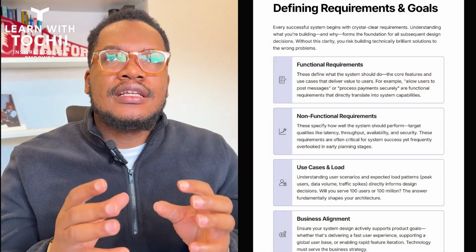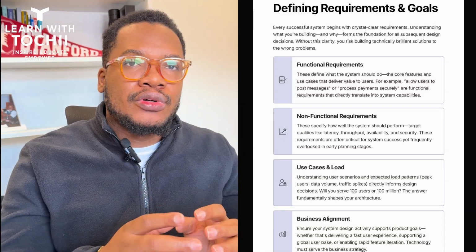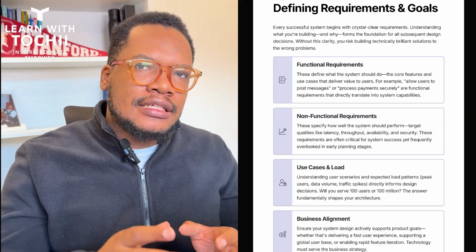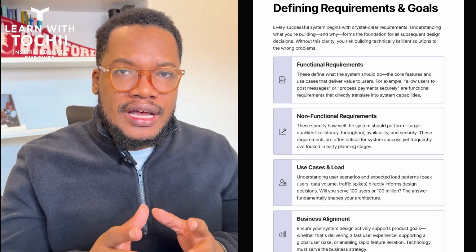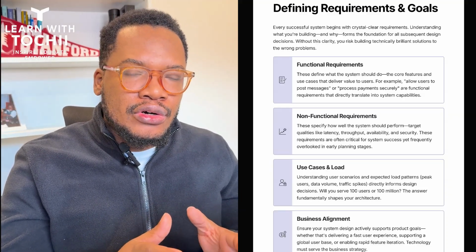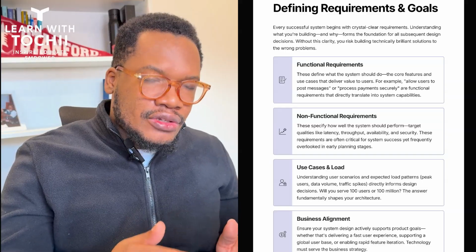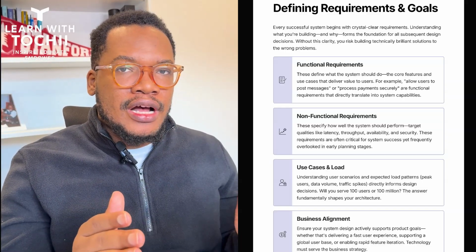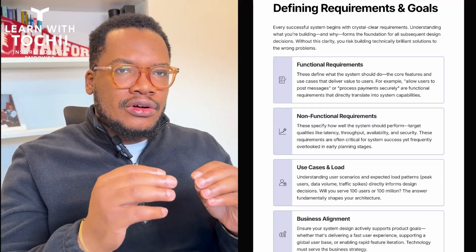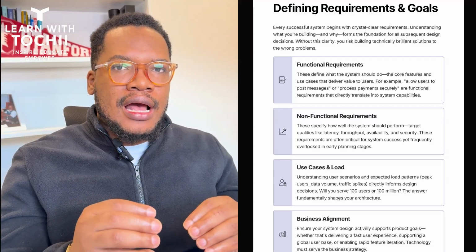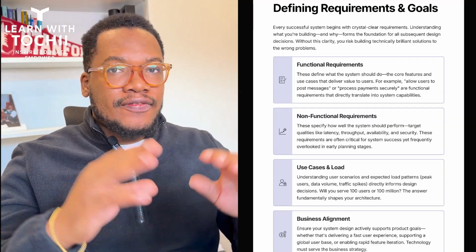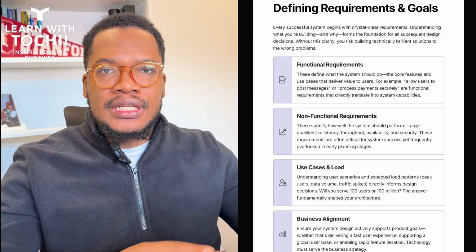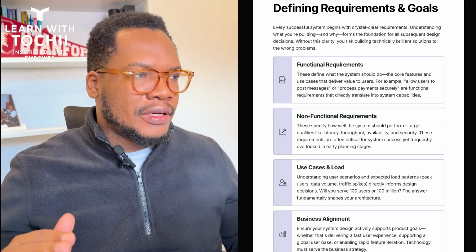Now, in system design, it is super important to understand how to define your requirements and your goals. Every successful system begins with crystal clear requirements, right? And understanding what you're building and why forms the foundation of every subsequent system design that you're going to create.